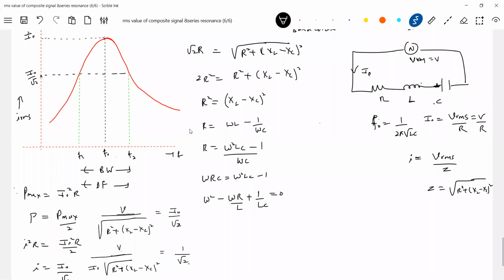Check one's calculation. This will be negative only. Then it's a quadratic equation. We'll solve for omega. So omega will be R by L plus or minus the root of R square by L square plus 4 by LC, all divided by 2.